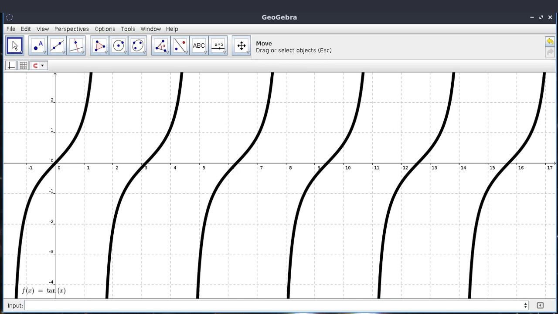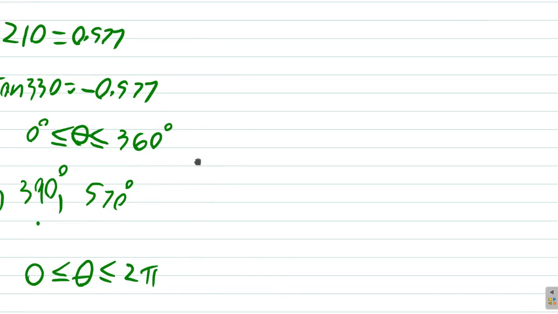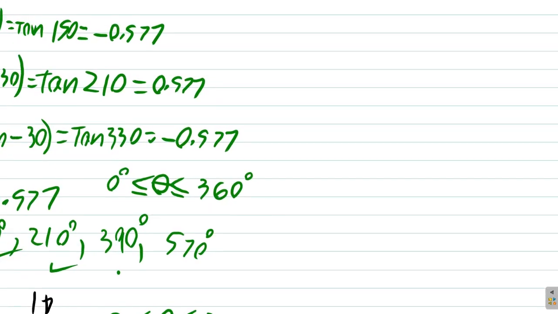Now, how you get this graph, remember, the opposite divided by the adjacent is what you plot to get these graphs. If you plot the opposite over the adjacent for a right angle triangle, as the angle theta gets larger, the opposite gets taller.